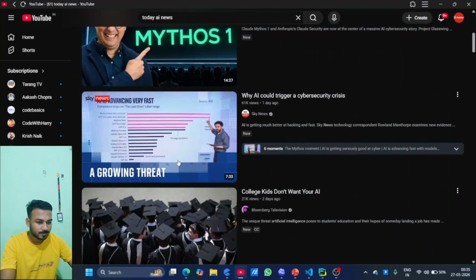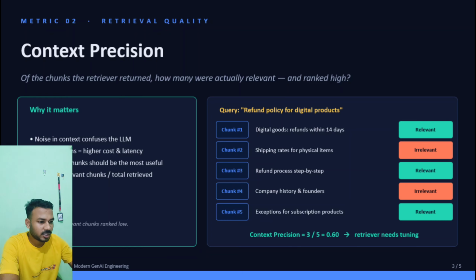And how do you calculate it? For example, the query asked was refund policy for digital products, and the top 5 chunks retrieved from the vector database are: digital goods refund within 14 days, which is relevant; shipping rate for physical items, which is not relevant; the refund process step by step, which is also relevant; company history and founder, chunk number 4, which is not relevant; and the fifth one, exception for subscription products, which has some relevance to the products.